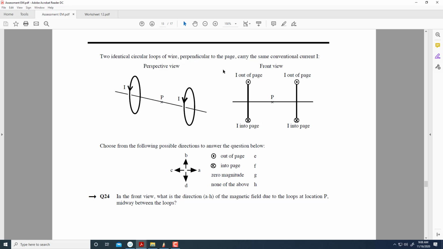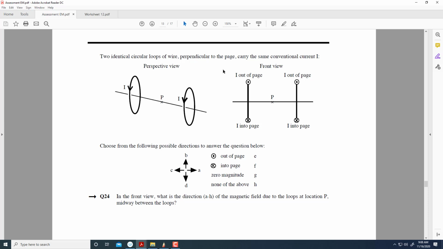So you point your thumb along the direction of the current, and then wrap your fingers around this loop, just like I did. Wrap your fingers around that loop. Which way would your fingers be pointing at that point? Would it point to the left or to the right?